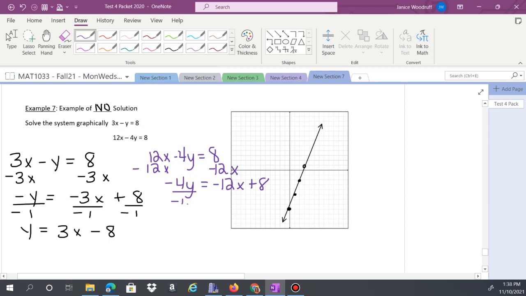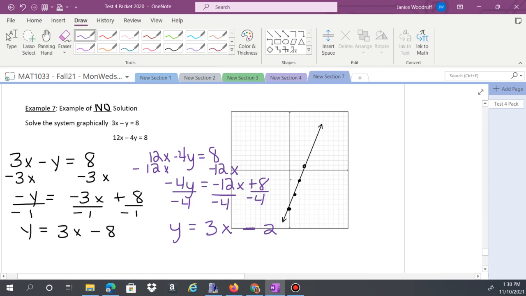And then we're going to divide everything by negative 4. That will give us y equals negative 12 divided by negative 4, positive 3x, and then 8 divided by negative 4, negative 2. Okay, so notice they have the same slope, so they're going to be parallel.